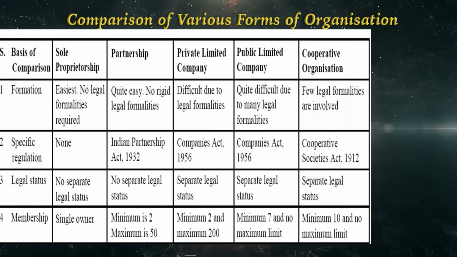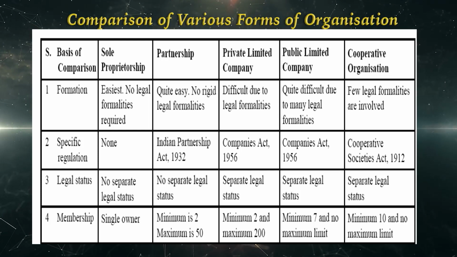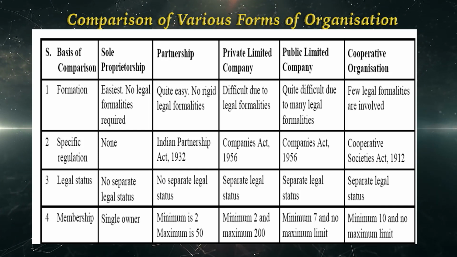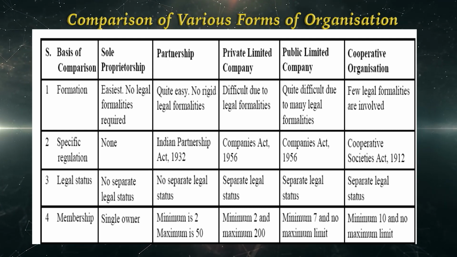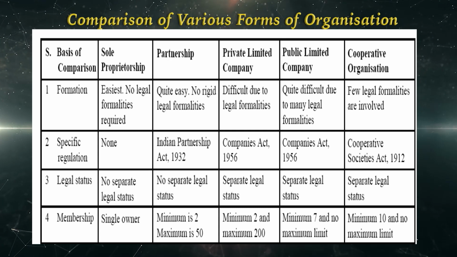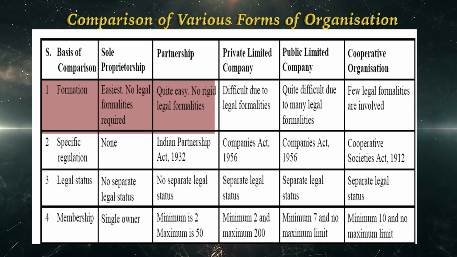Therefore, you need to compare all the 5 broad forms of business organization, and you have to analyze which one may be suitable for your organization. Broadly, these are sole proprietorship, partnership, private limited company, public limited company, and cooperative form of organization.